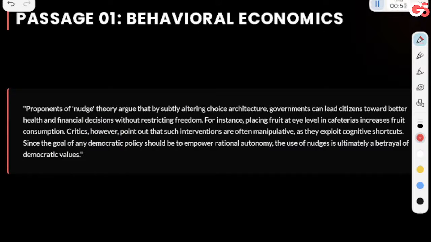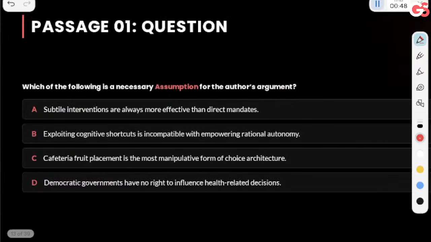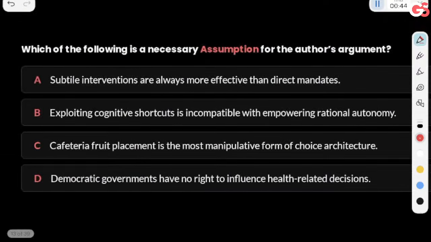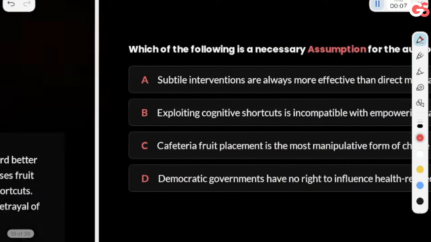I think you must have read this paragraph. I'll go to the question now. If you want me to switch between the slides, just tell me. After every 15 seconds, I will switch, in case you want to see the passage again.